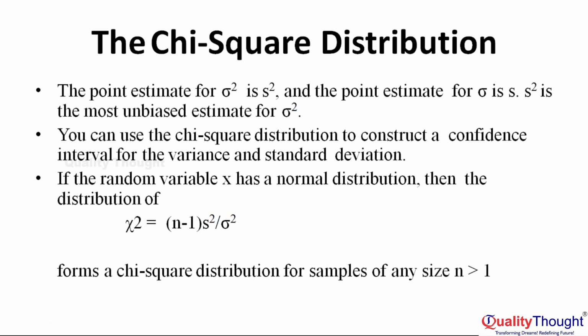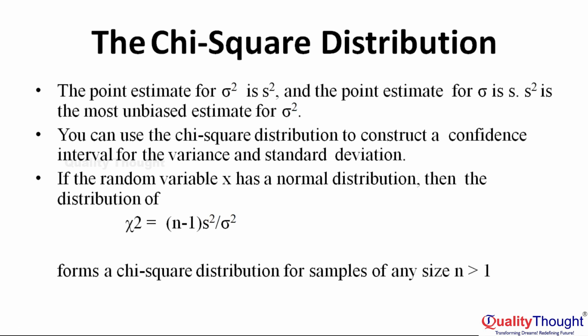Sigma represents standard deviation, sigma square represents the variance. So the point estimate for sigma square is s square, and the point estimate for sigma is s. S square is the most unbiased estimate for sigma square.